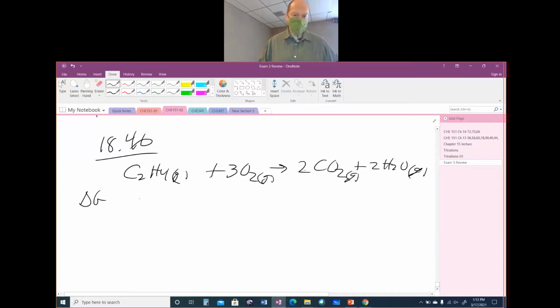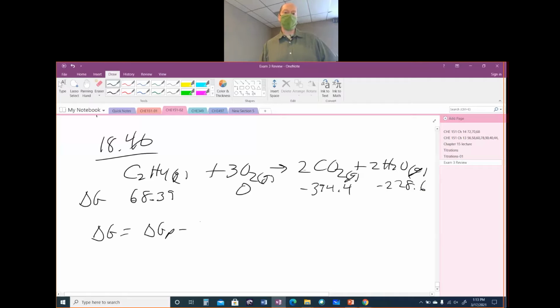All right, so we look up our chart. The delta G value is 68.39. All right, elements in their natural state, 0, negative 394.4. H2O gas, negative 228.6. And so to find the delta G, it's equal to your delta G products minus delta G reactants, and only at 25 degrees Celsius, which the problem states we are at 25 degrees Celsius.